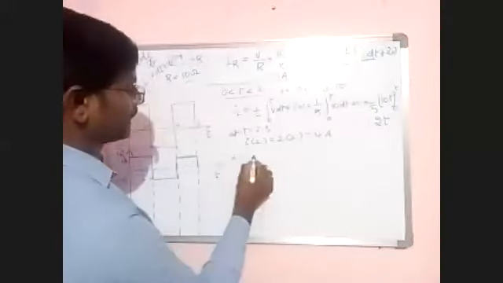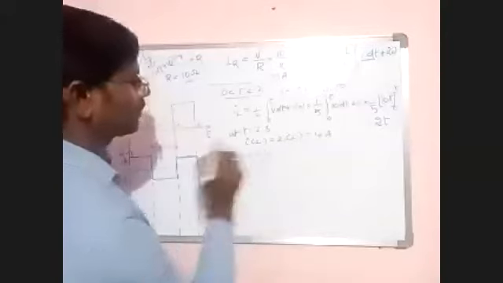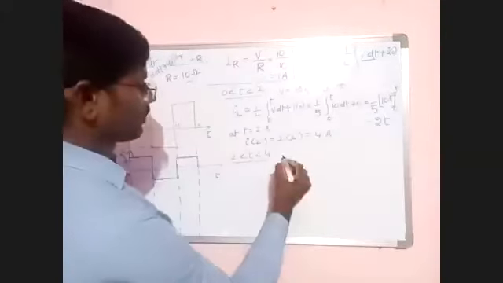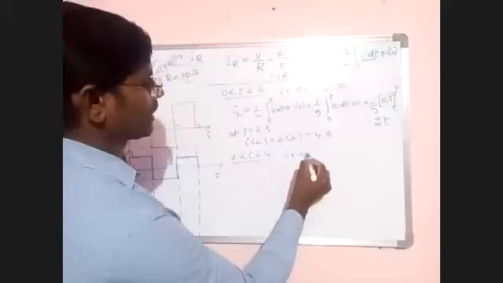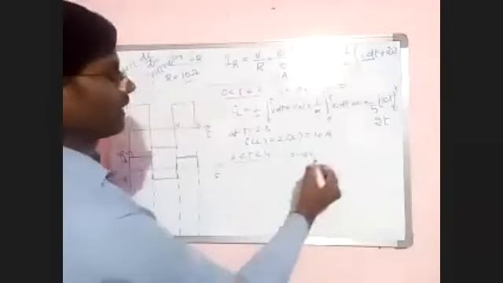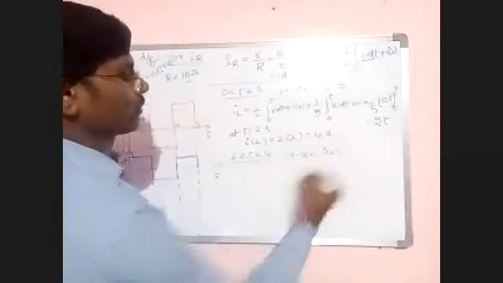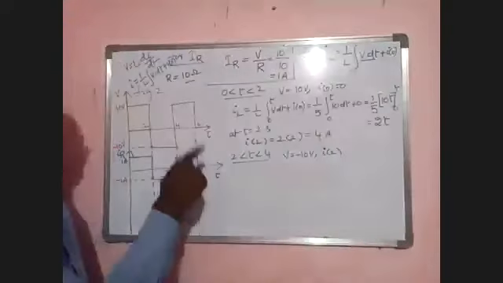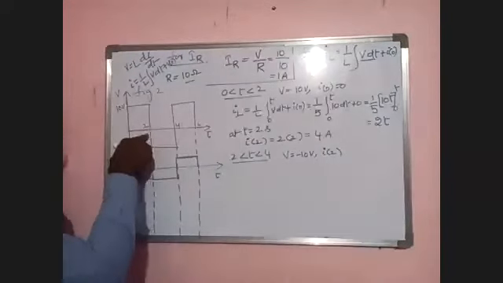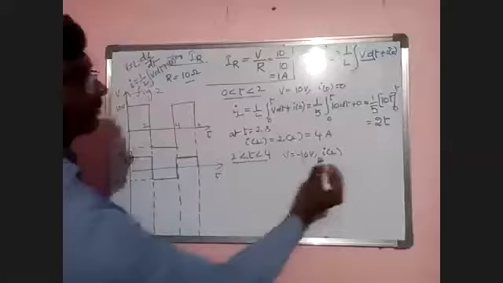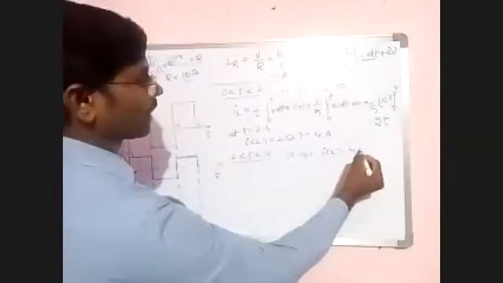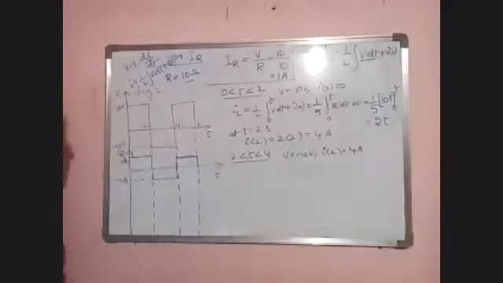Now the interval 2 less than t less than 4. V is equal to minus 10 volts, whereas I of 2, because it is starting from the initial value, is equal to 4 amps.